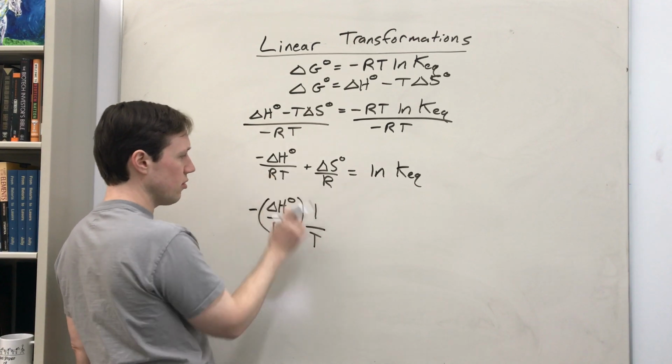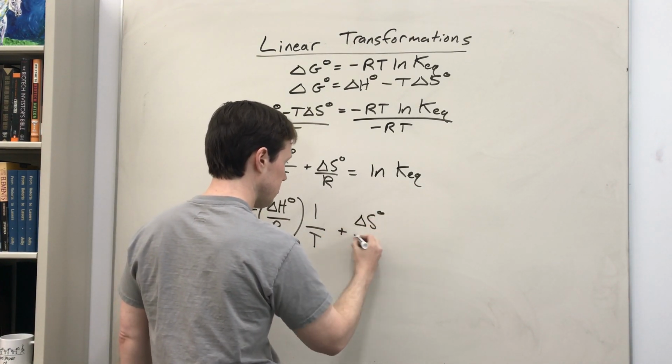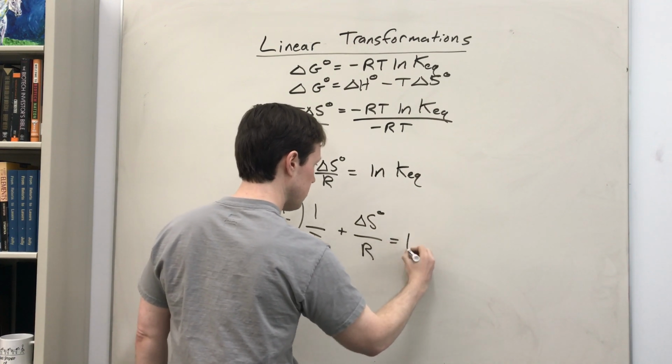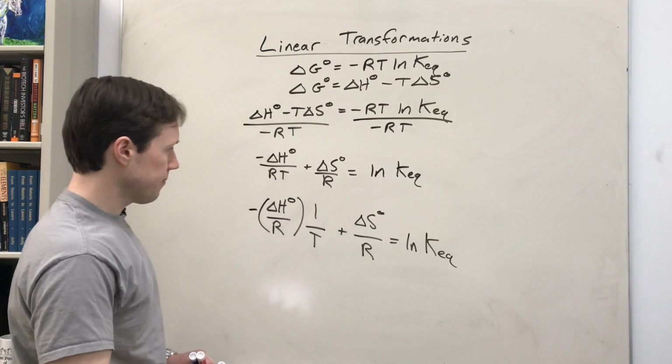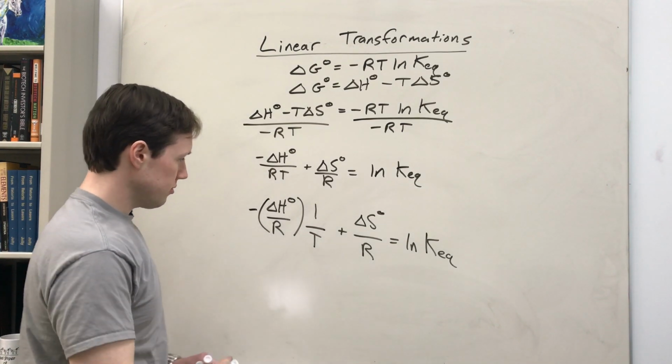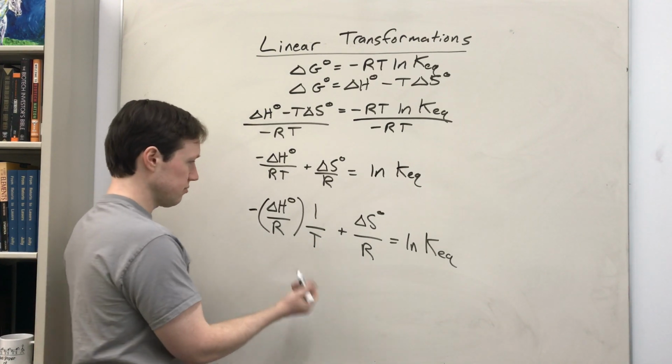I'm just pulling the 1 over T out. This looks quite a bit like the equation of a straight line.